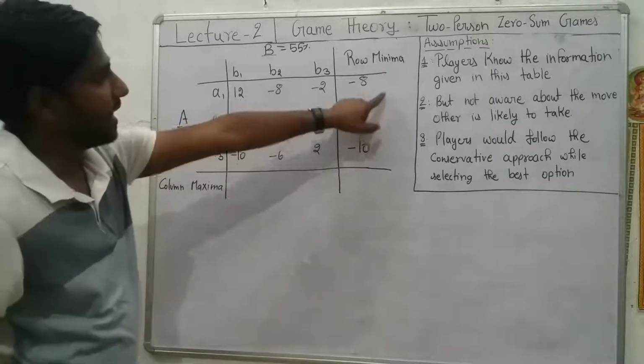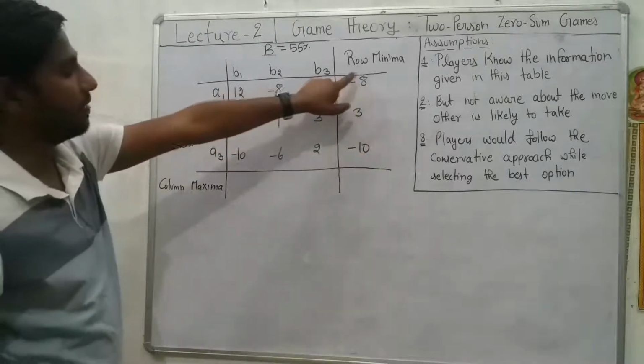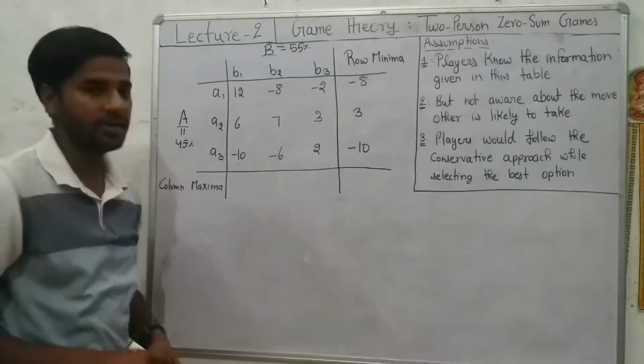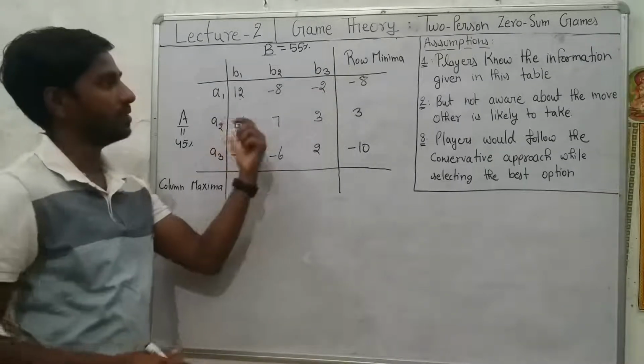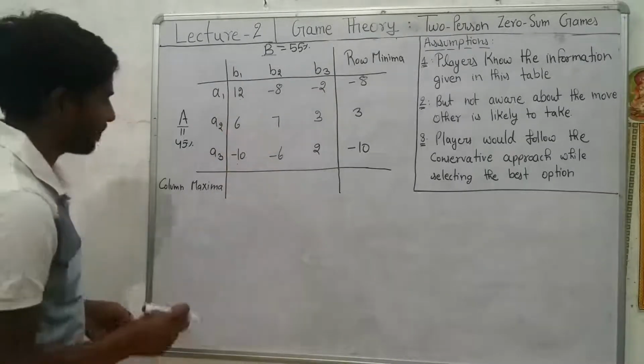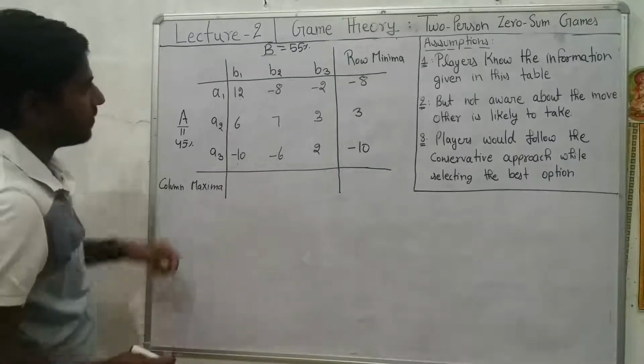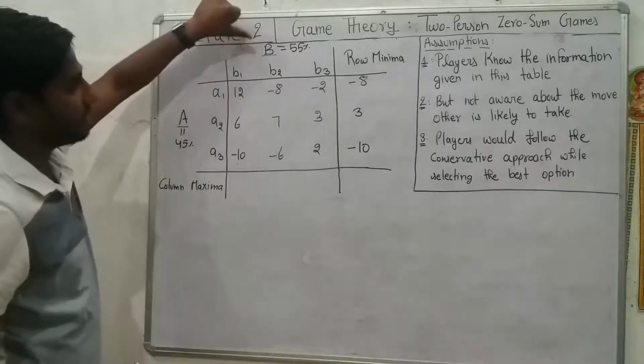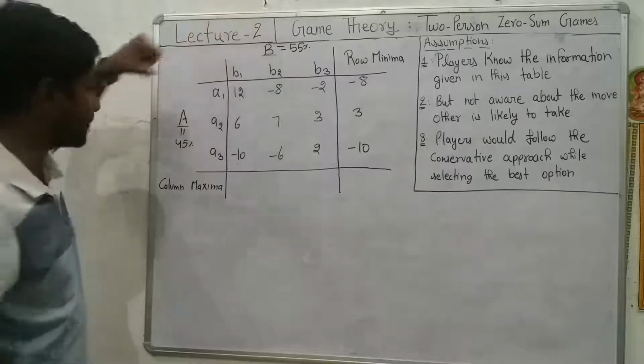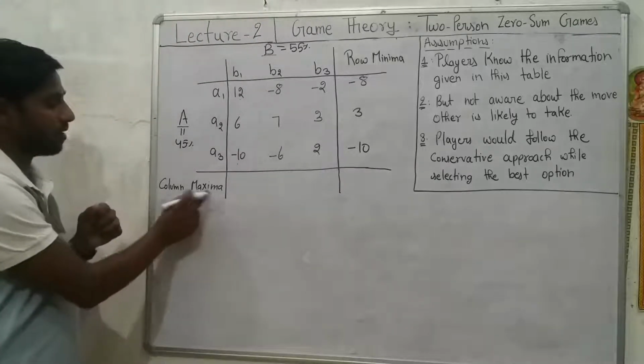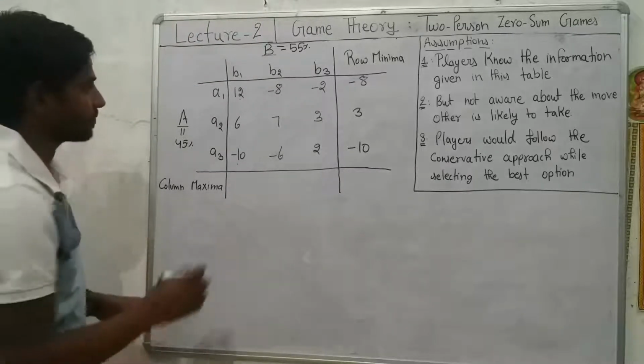So what would be the heading of these values? We are going to call them row minima, that is, the minimum value of a particular row. In a similar way, we are going to apply this step for company B, and we would call them column maxima.